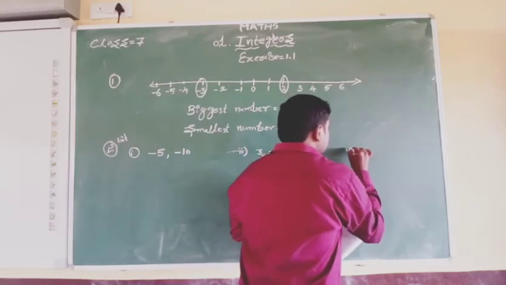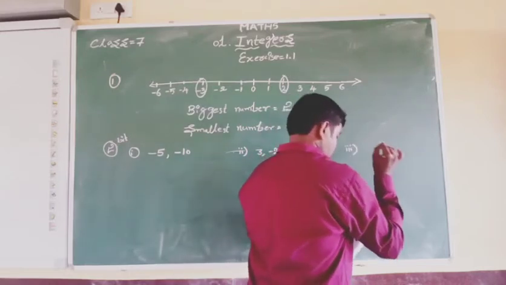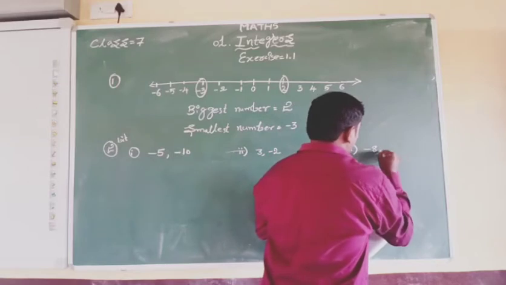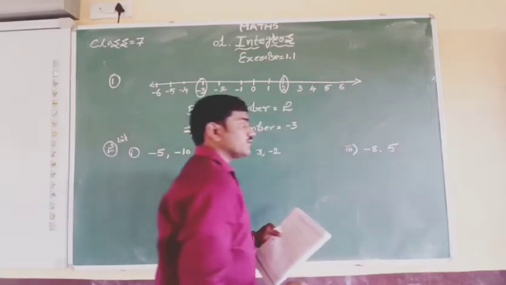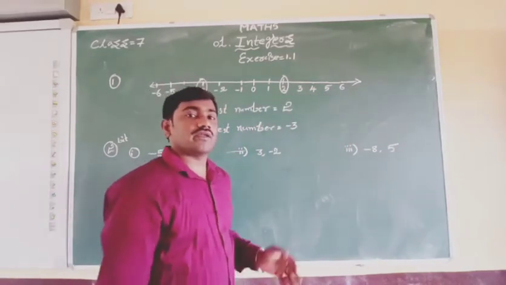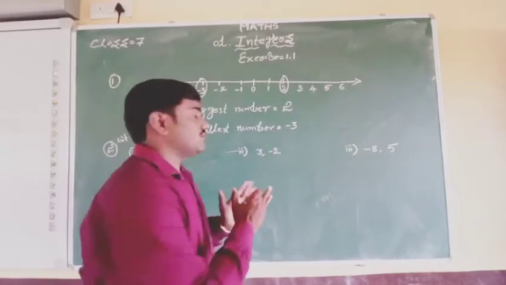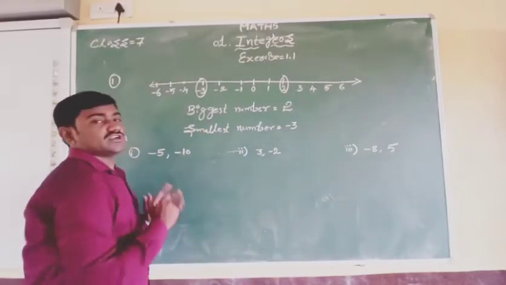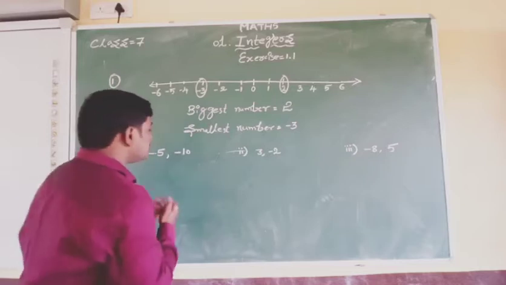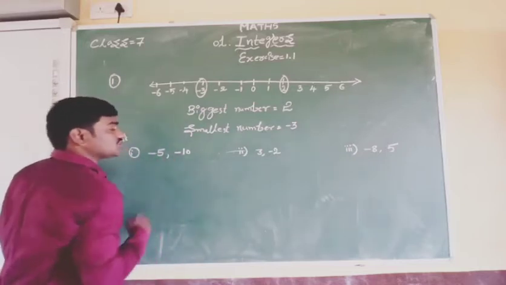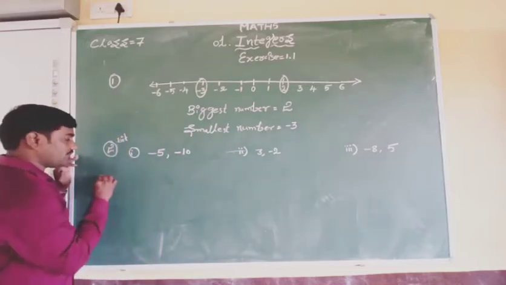The third question is minus 8 comma 5. So what we need to write here are the integers lying between these two given integers. What are the integers between these two integers? Let us write now.